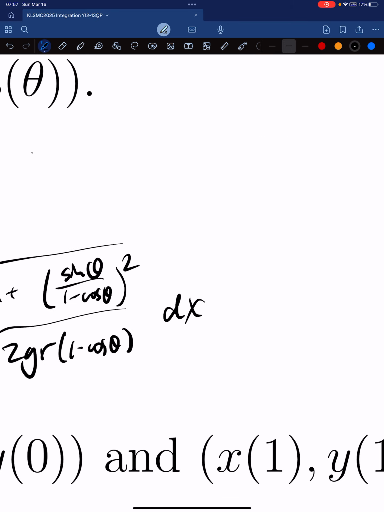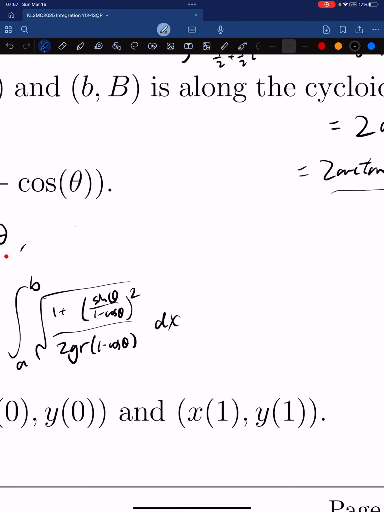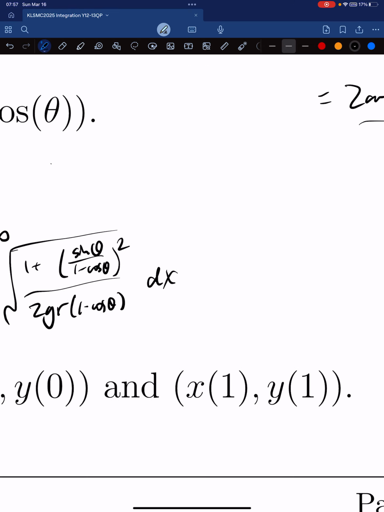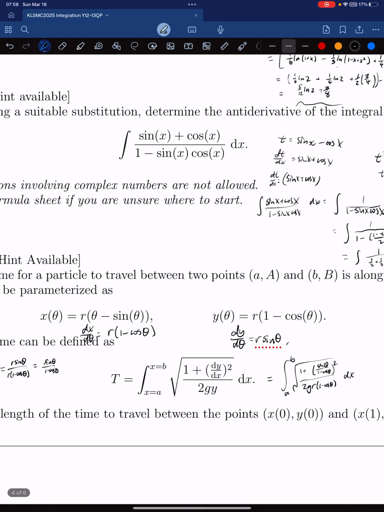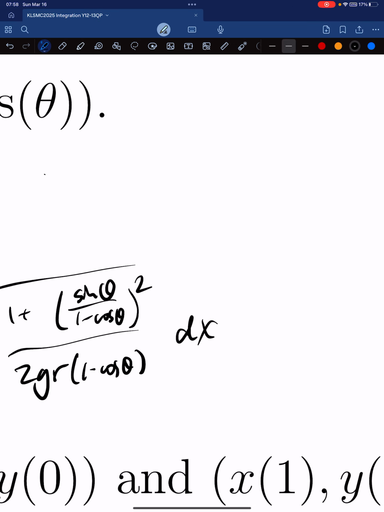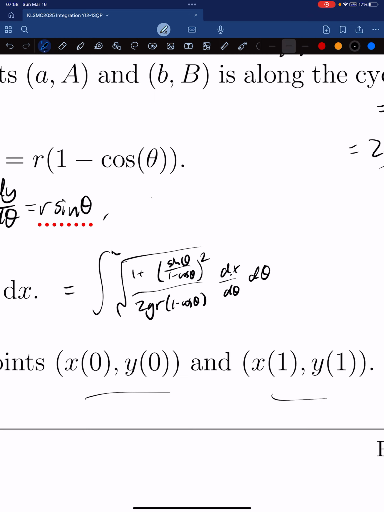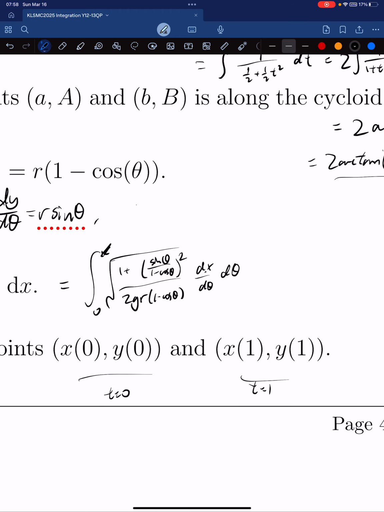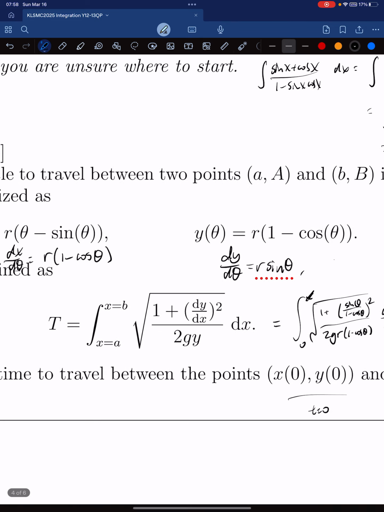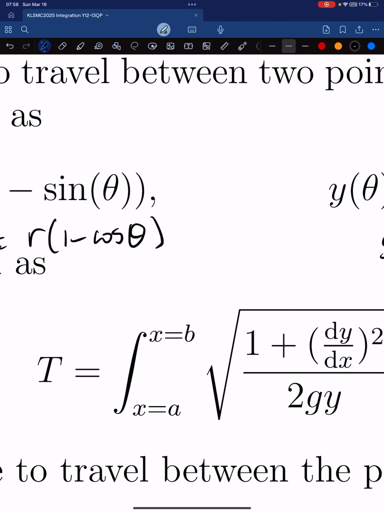We wish to replace the integration with respect to x by integration with respect to theta, so we replace dx with dx d theta, and we change our boundaries accordingly, because we're moving from this point to this point. The time taken to move starts at t equals 0 and ends at t equals 1, so it's just integrating from 0 to 1. And dx d theta is r times 1 minus cos theta.